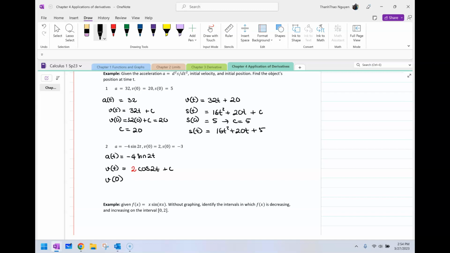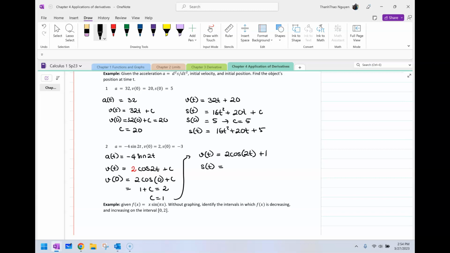Then v of 0 equals 2 times cosine of 0 plus c. Cosine of 0 equals 1, so 2 plus c equals 2... so c equals 1. This means our velocity function equals 2 cosine of 2t plus 1. Let's take a look at our position function.